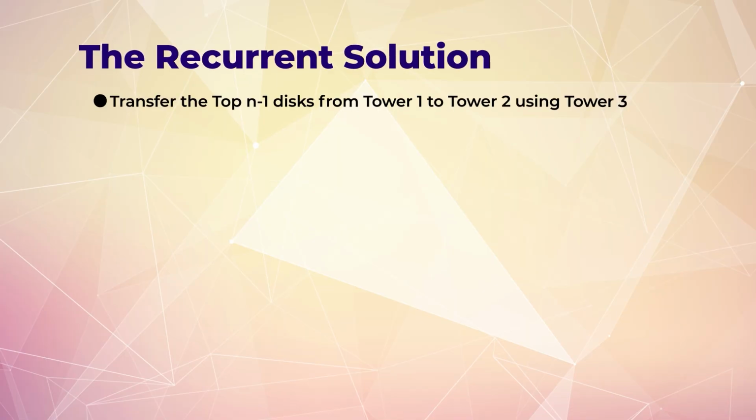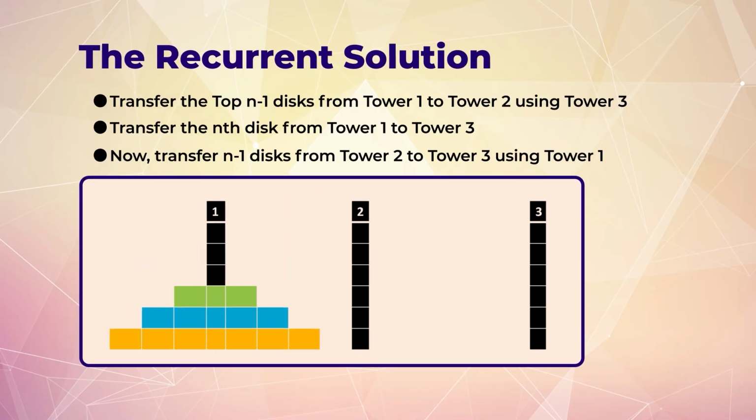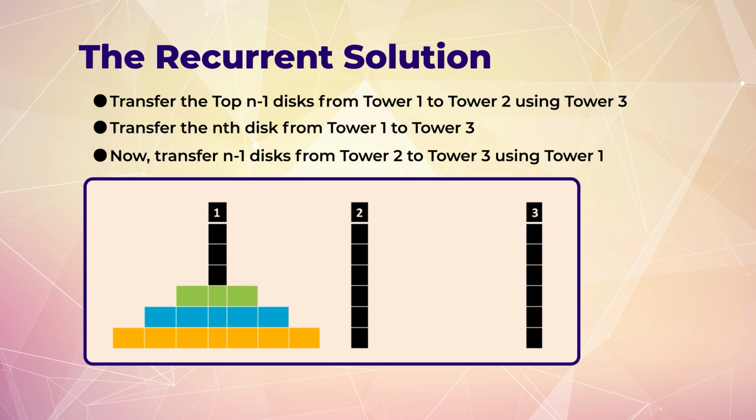Now, how can we solve this particular problem? We'll give you a solution, but let's try solving it with the help of recurrence. Suppose there are n disks in tower 1. We need to transfer all the disks from tower 1 to tower 3. Step 1: transfer the top n minus 1 disks from tower 1 to tower 2 using tower 3.